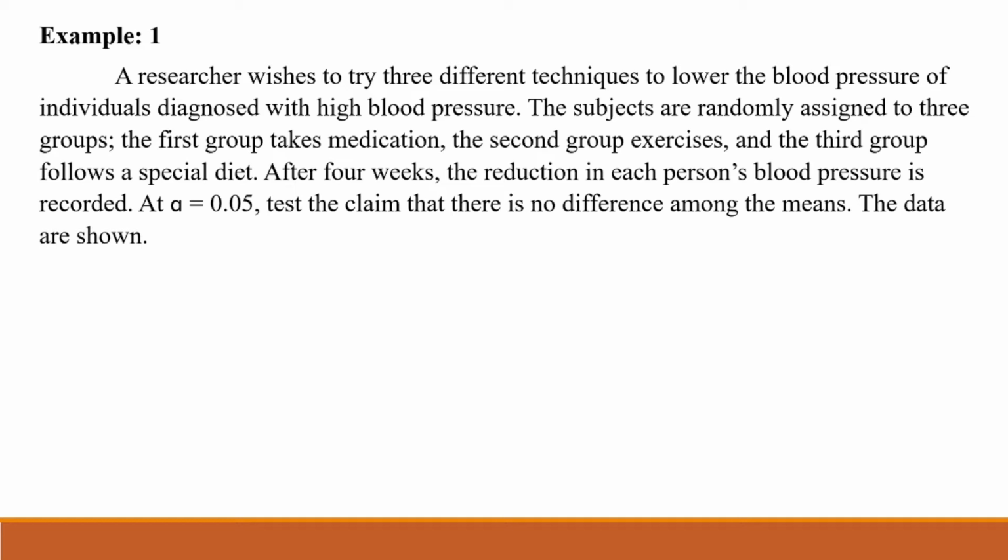After 4 weeks, the reduction in each person's blood pressure is recorded. At alpha equal to 0.05, test the claim that there is no difference among the means. The data are shown.